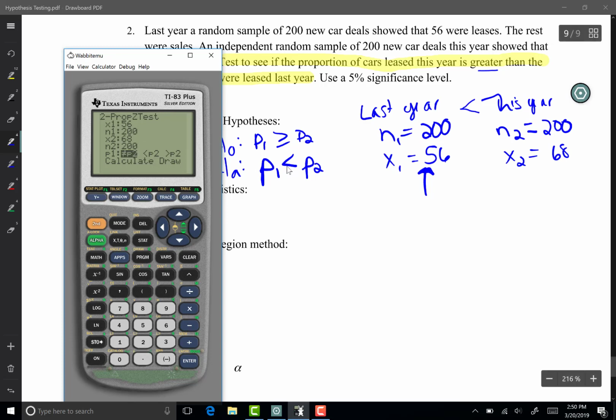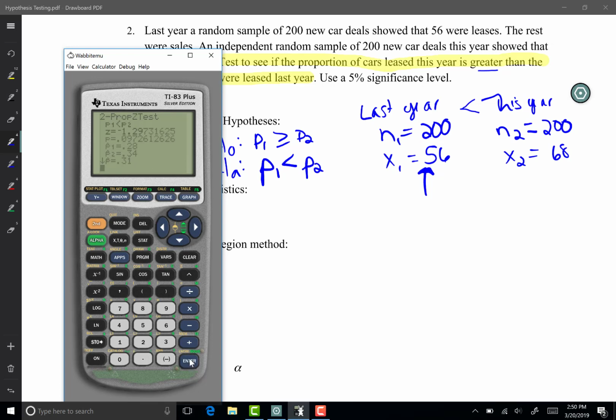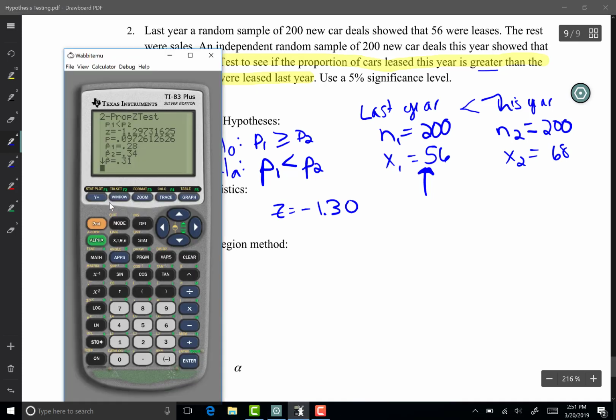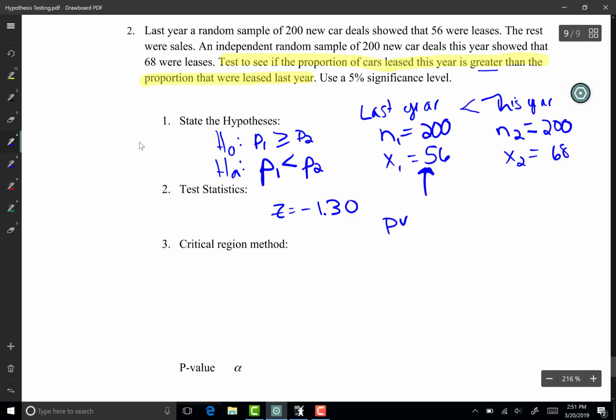My alternative right here is p1 less than p2, and I hit calculate. So Z is negative 1.30. If I round to 2 decimal places, just be careful what Newton asks you. The p-value is 0.0973.